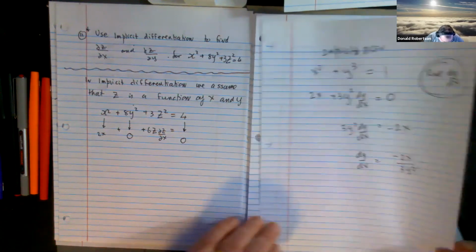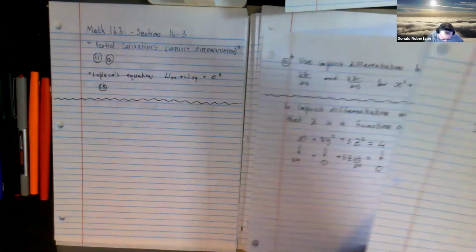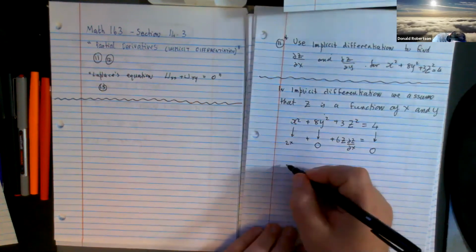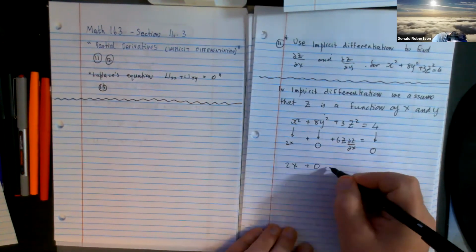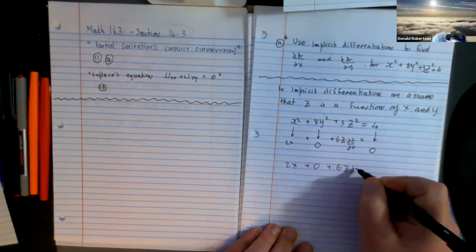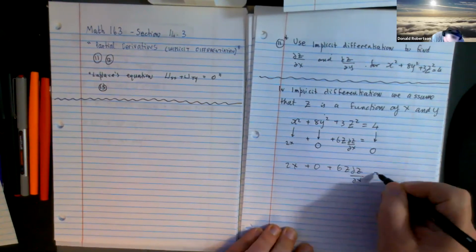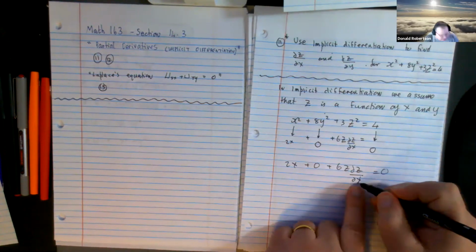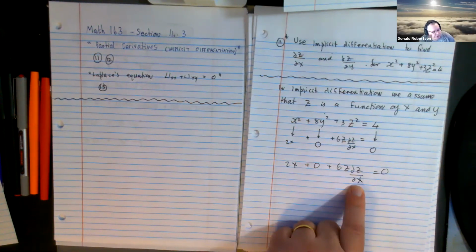Now let's return back to this guy. We've done the partial derivative. Now I'm just going to rewrite the thing again because all those little arrows are distracting me, right? And since we're being asked to find dz by dx, you see I'm going to do the same thing. Aren't I going to isolate the dz by dx?